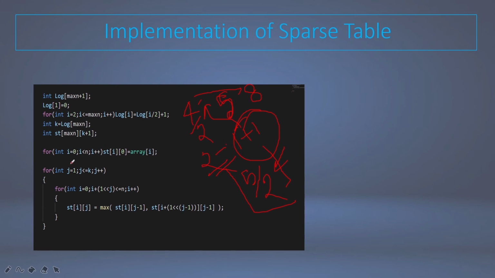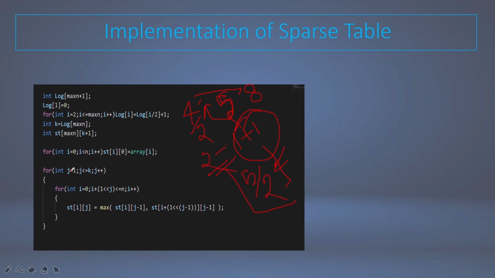Okay, then we know that for the block of size 1, which is 2 to the power 0, the element is the array element at that position itself, right? So I am initializing this in this loop. Then I will make all other sizes of blocks.